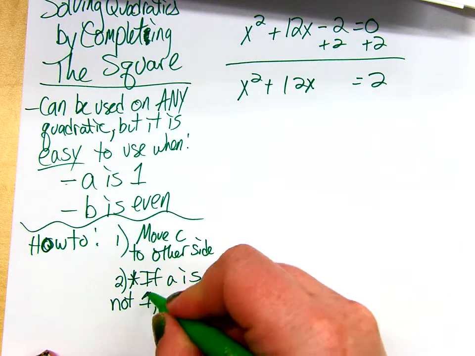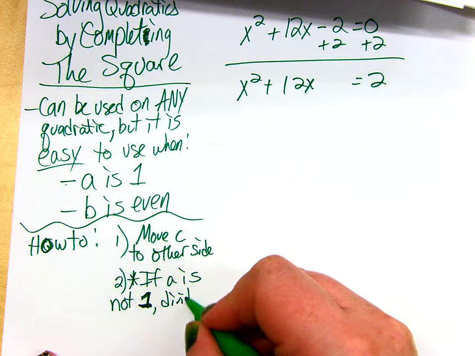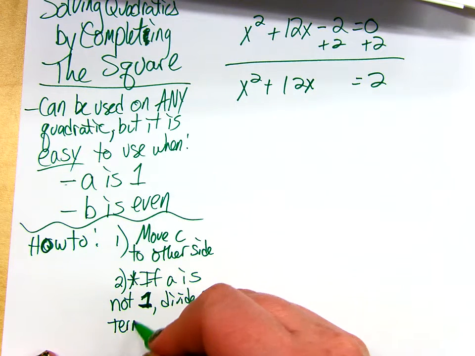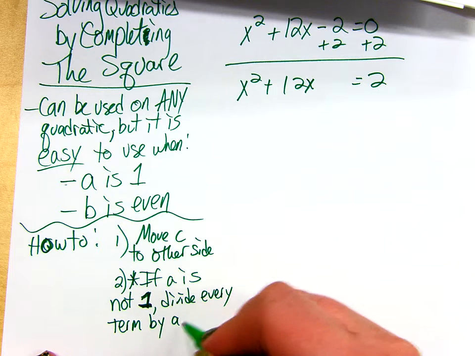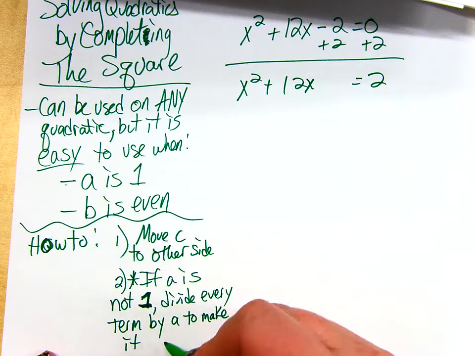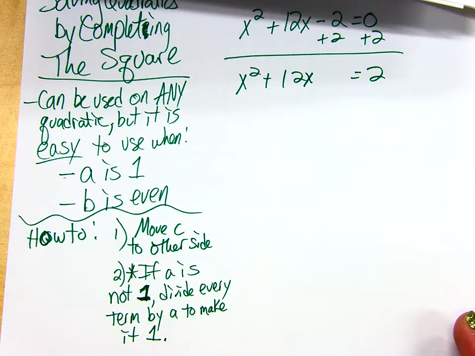If a is not 1, divide every term by a to make it 1. We'll do some examples of that probably on Monday, or maybe today where it ends up being nice. But if a is not 1, before you continue, you have to make it be 1.